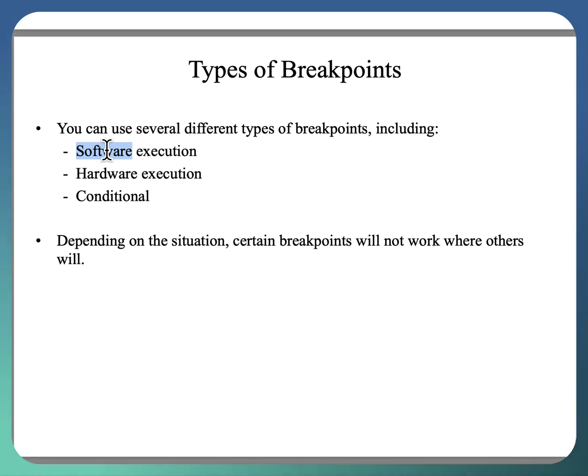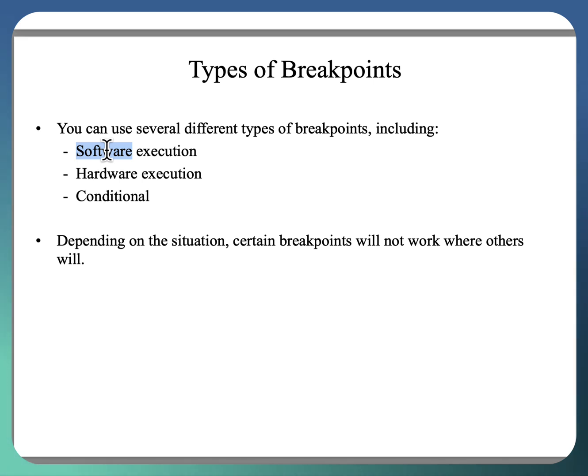A hardware breakpoint is a breakpoint that you associate with hardware information, which means a memory address or a register. So whenever this memory address is used, whether the application is retrieving data from that memory address or sending data to that memory address, whatever the case might be. A memory address is an address in the main memory, which is a hardware component. A register is part of the CPU, which is a hardware component.